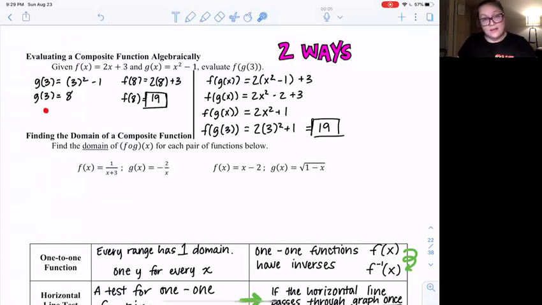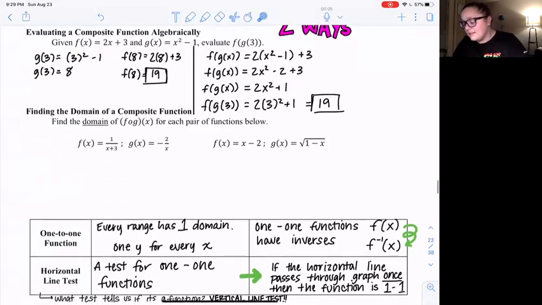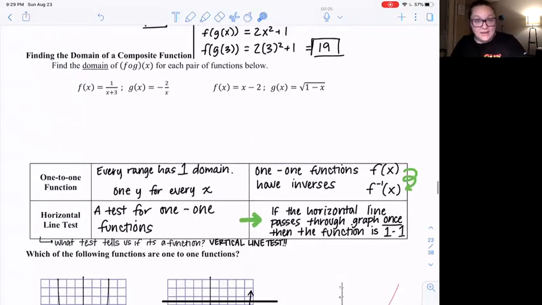This first way I showed you is pretty easy and pretty straightforward if you have very basic equations here and basic values. Now, let's talk about finding the domain of a composite function.